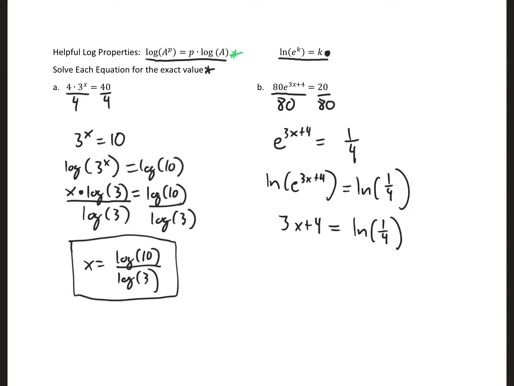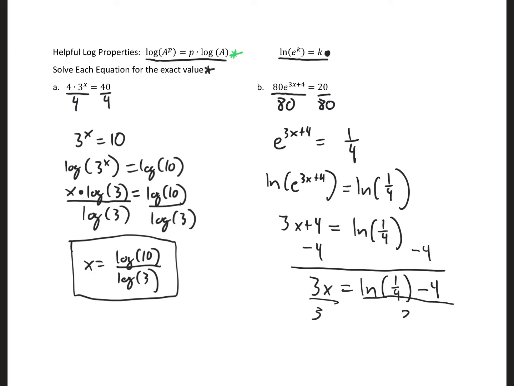And now we're going to continue solving for x. So I would subtract 4 from each side. The result would be 3x equals natural log 1/4 minus 4. Then we're going to divide everything by 3. So we get x equals natural log 1/4 minus 4 over 3.